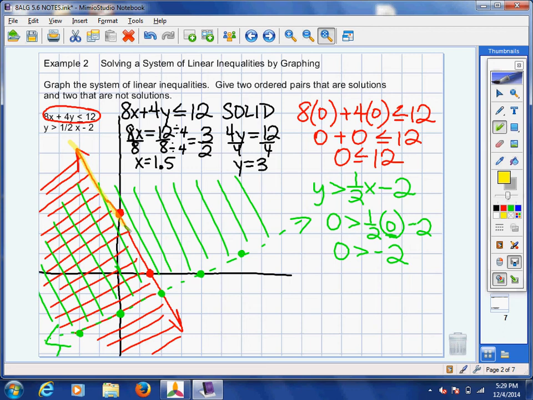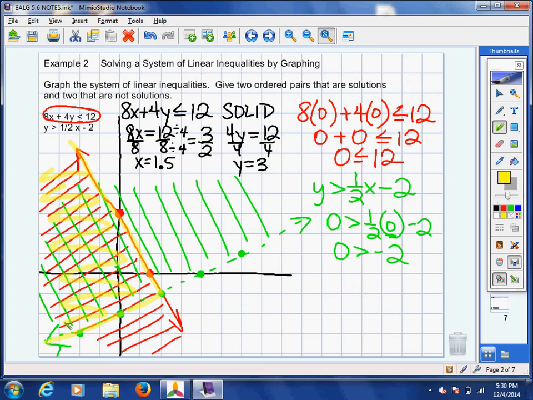Right here along this red line, including the red line, and then we're going to take a sharp left, we're going to head out this way, and everything in between, okay? Wherever you see the crosshatch of the green line and the red lines, that's where all the answers are that will satisfy the whole system. If I picked a point in that crosshatch area, it would work in the top equation and it would work in the bottom equation. That's where the solutions are.